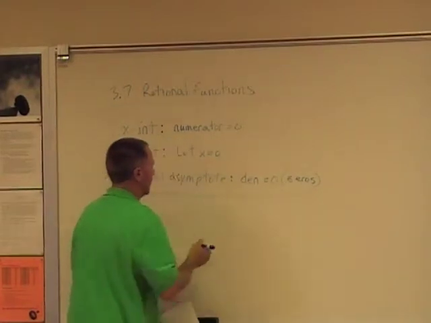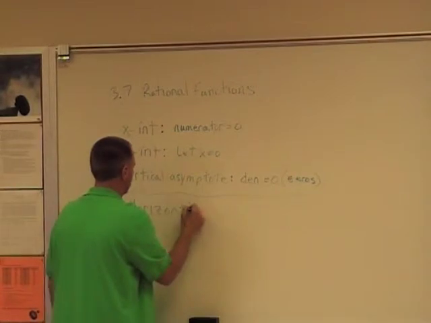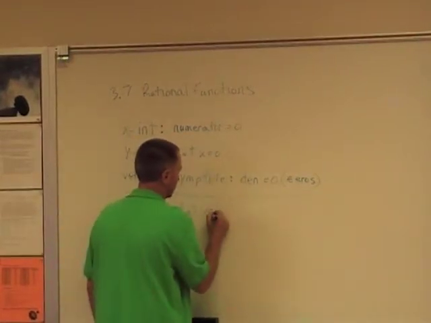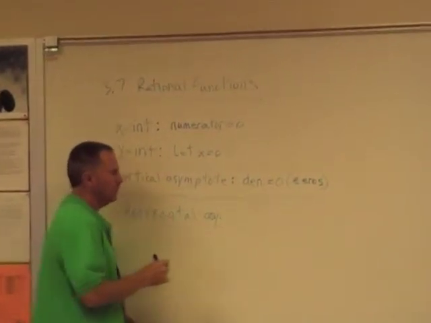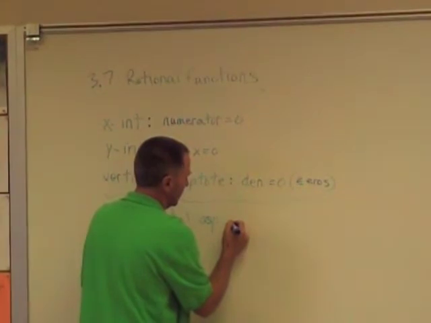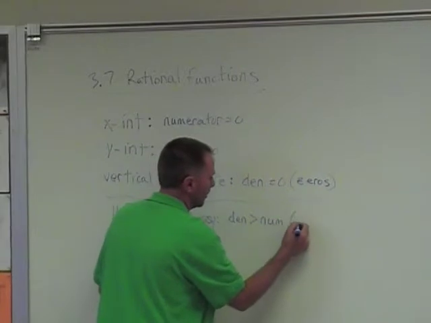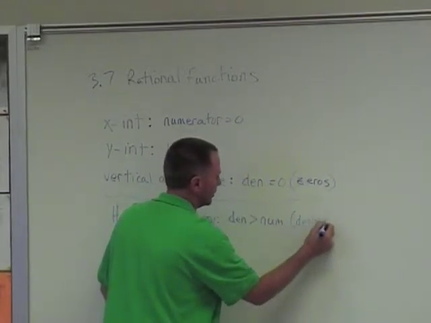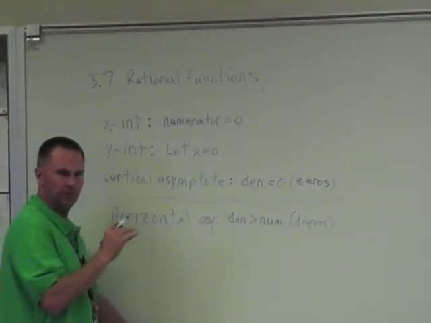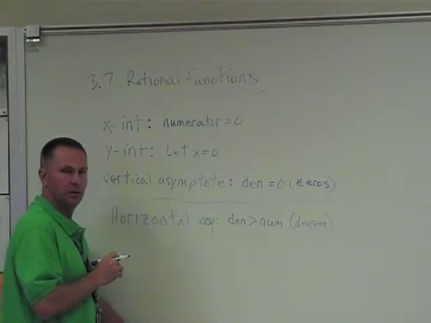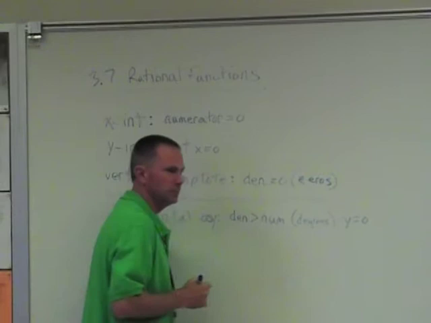So that's that. Then we have the horizontal asymptote. If the denominator is greater than the numerator, and we're talking about degrees, the bottom degree is greater than the top degree, then your horizontal asymptote is y equals 0.